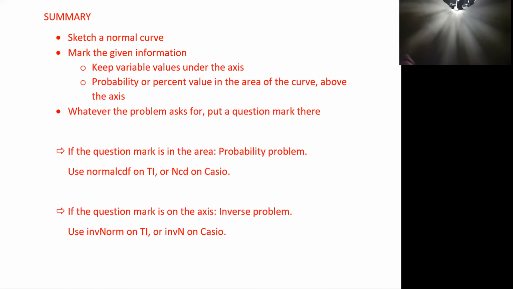And on the TI, we use invNorm, and on the Casio, we use invN. All right, so that's how I would figure out how to start a normal problem, to figure out if it's a probability problem or an inverse problem.